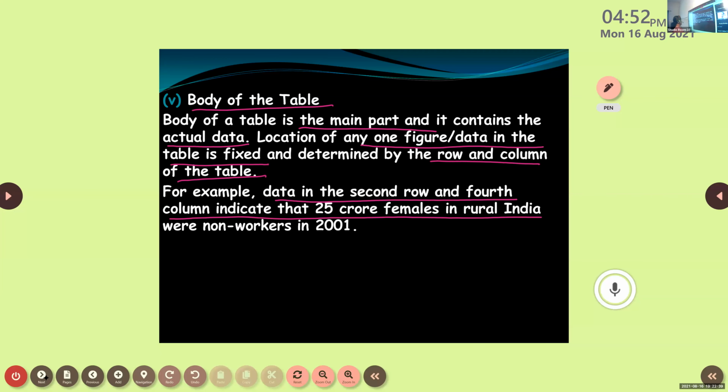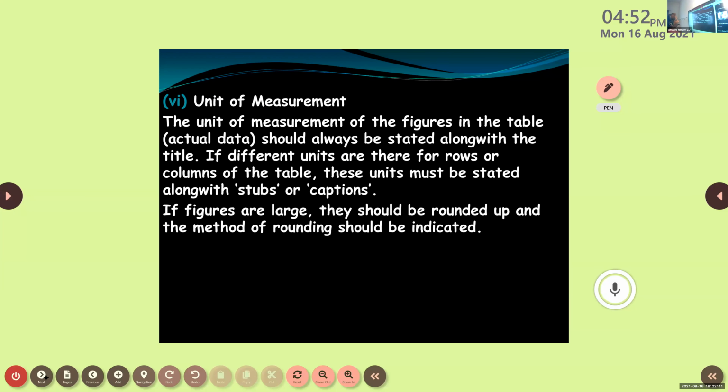Next one, unit of measurement. Now you can see how we are measuring the units in this particular table. That should be there along with the title. If we are using different units for rows and columns, that also will be specified there along with the stubs or captions. Stubs are what now? What do you mean by stub?